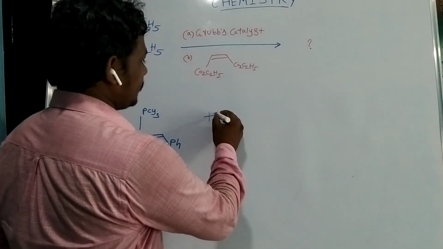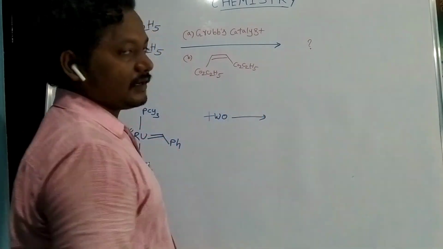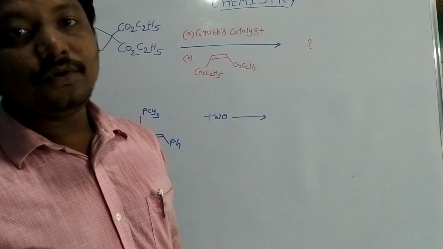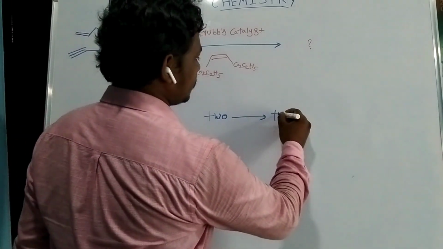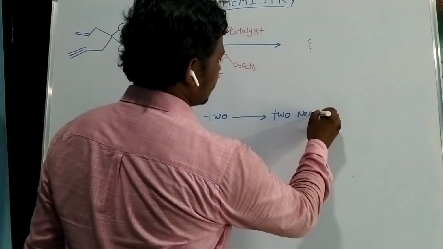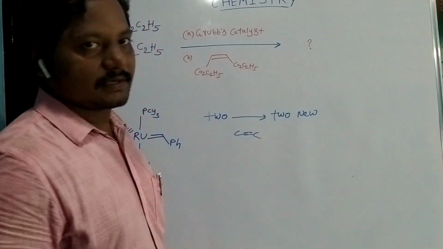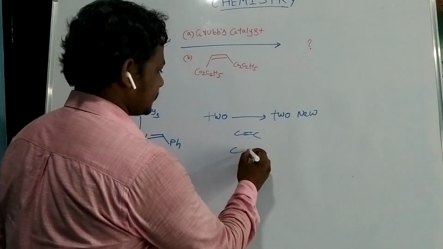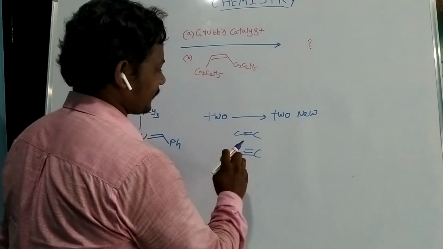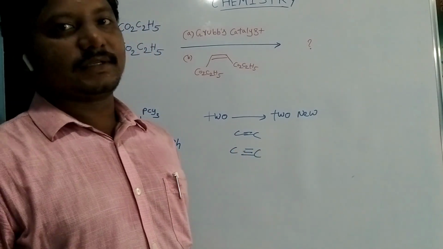Metathesis means two hydrocarbons are converted into two new hydrocarbons by exchanging C double bond C or C triple bond C bonds. Okay, fine. This is metathesis.